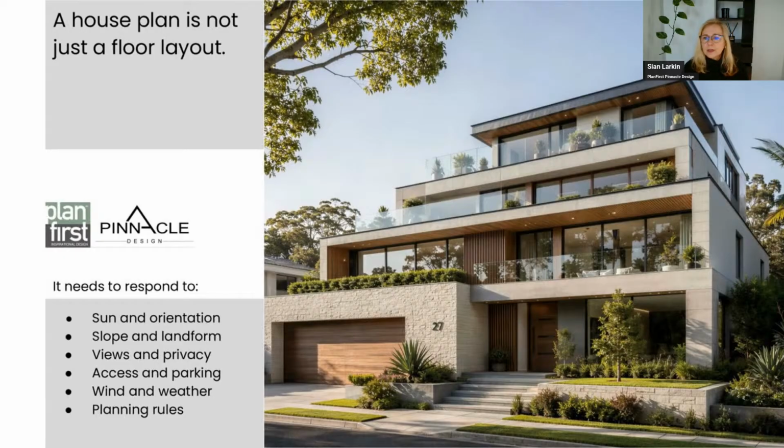You could be in a flood zone that could affect where you can build as well, and your driveway requirements, of course. So you'll see in this image, for instance, the house is set back, and that could have been as a result of a council setback rule. A lot of that's got to do with just keeping a certain theme and feel in the specific neighborhood where you are building.